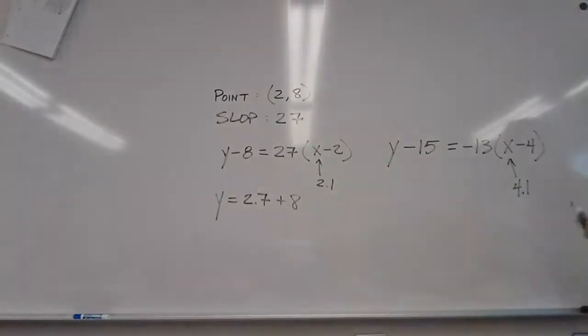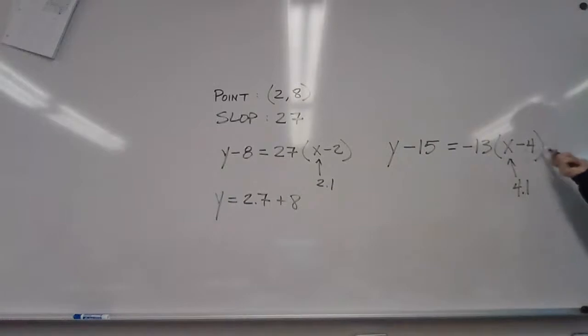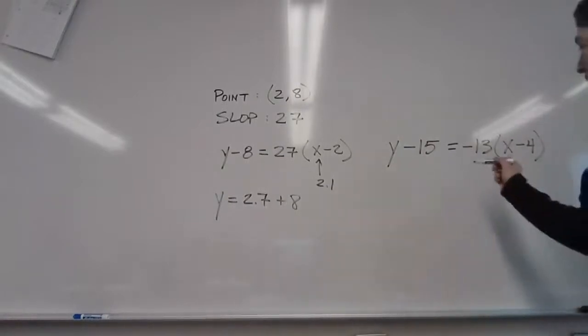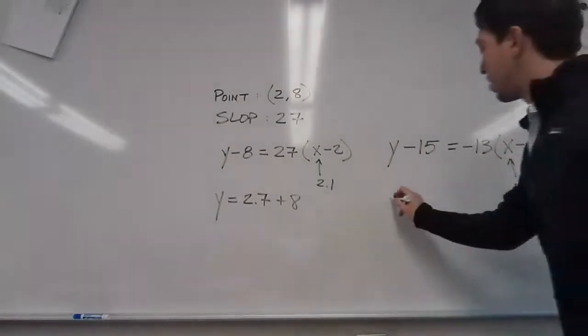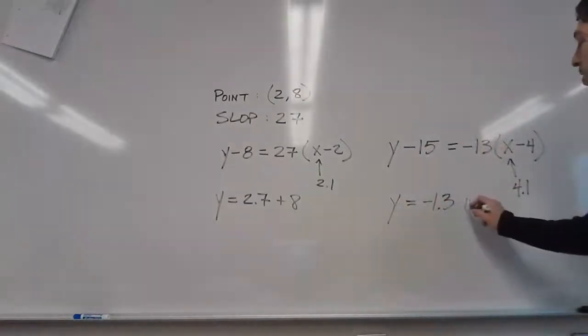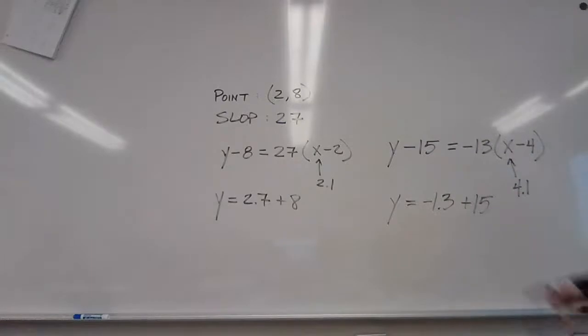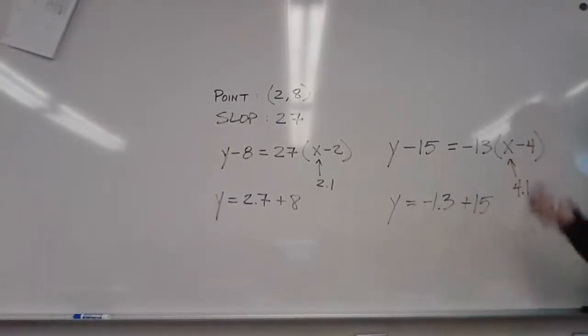You might have noticed a pattern on these. When the slope is negative, moving to the right of 4 in this case gets you a lower y value. So 1/10 of -13 is -1.3, and we add the 15 over. That's the rise you got out of your little run of 0.1. A run of 0.1 gives you a rise of -1.3 because the slope is -13. The answer is 13.7.